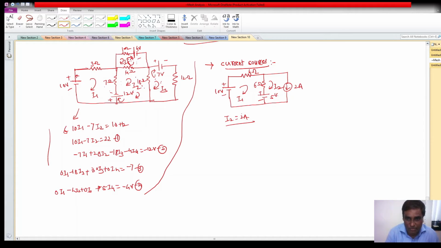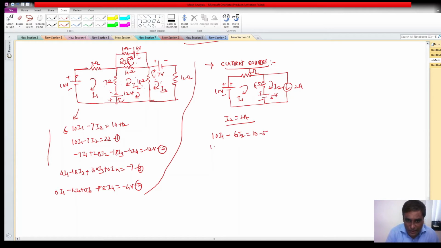So don't think about the conversion of current source into voltage source, etc. Now let me write the equation for mesh 1. So for that, 4 plus 6, the sum of the resistances, so 10 I1. The resistance common between this and this is 6, so it will be minus 6 I2, which will be equal to the sum of the batteries. Current is coming from the positive terminal, so it is plus 10, and going into the positive terminal, so this is minus 5.